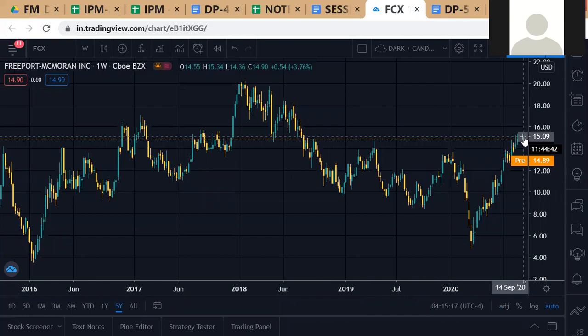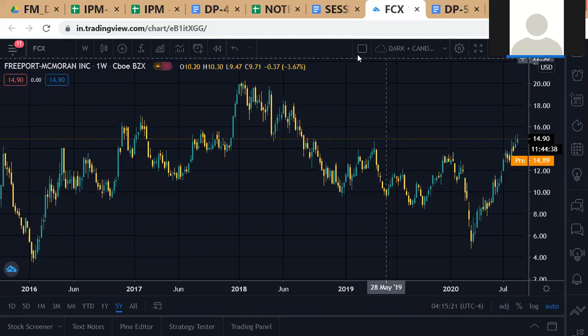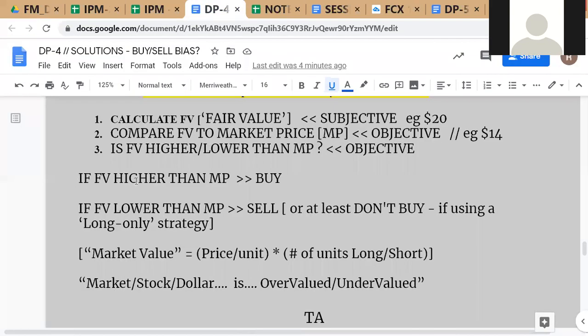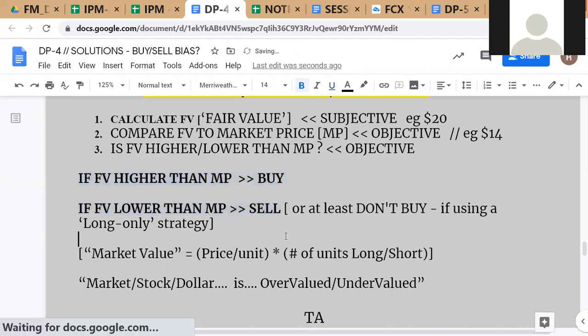In this case, the market price is below the fair value, so you buy. If fair value is higher than market price, you buy. If fair value is lower than market price, you sell. So this is the basic framework. Maybe I should put this in bold, the basic operation of the framework. Very simple, but you should still understand where all this belongs.